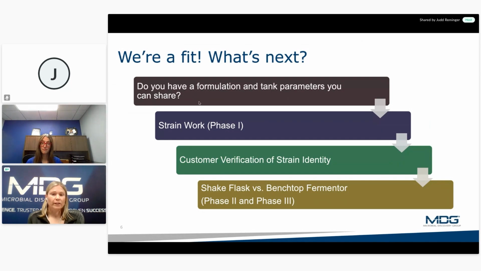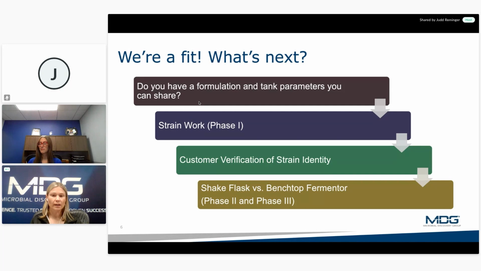Now, if you are looking for optimization, we do work in a 3-phase format. So usually phase 1 is the strain work. That is getting a strain from you, the customer, brought into MDG. What we do during our phase 1 is we're checking purity of that source plate that was sent to us by you. So what we're looking for is making sure no contaminants have found their way onto the plate.